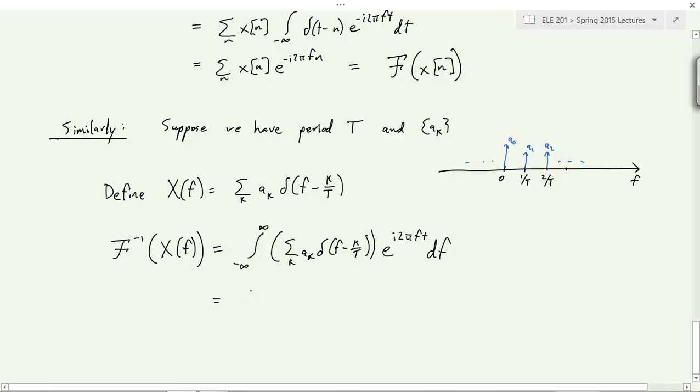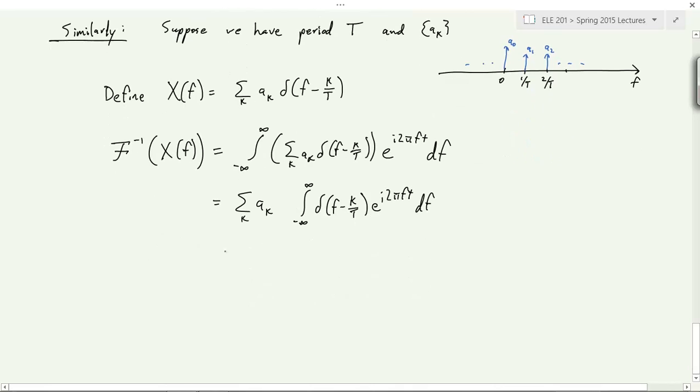Okay, and then we just change the order again, sum over k, a_k, and we're now going to do the integral in here. And we evaluate that integral using sifting. And we say that's sum over k, a_k, e to the i 2 pi k over T, t.